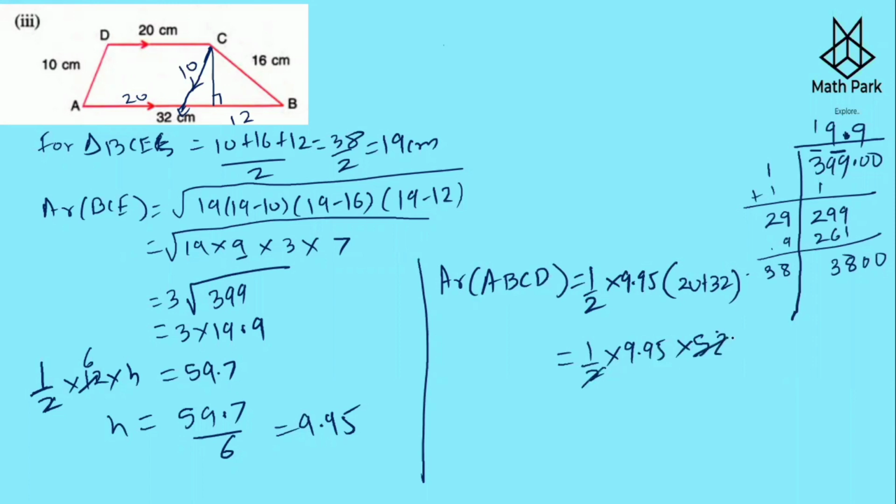So 2 into 26, and 26 into 9.95, you get this as 258.7 approximately. 258.7 square centimeter is approximately this area, because we have not exactly calculated. Up to two decimal places we would have calculated this. So this is the area of trapezium that we got.